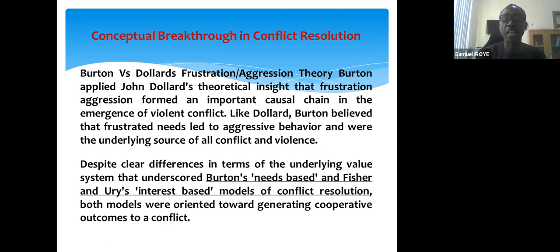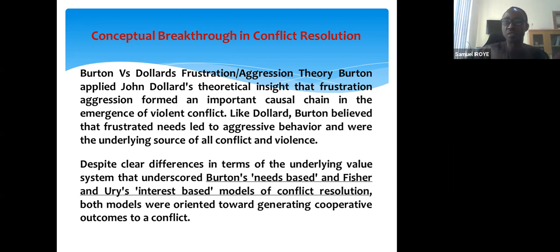Like Dollard stated, Burton believed in that theory of Dollard that frustrated needs lead to aggressive behavior. Where people are not frustrated, there is no need for aggression. Despite clear differences in the underlying value system between Burton's needs-based and Fisher and Ury's interest-based approaches, take note, I need to state this. Burton's theory was based on need.